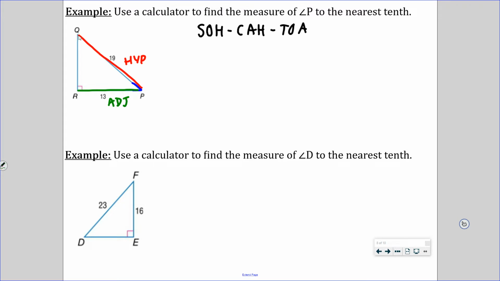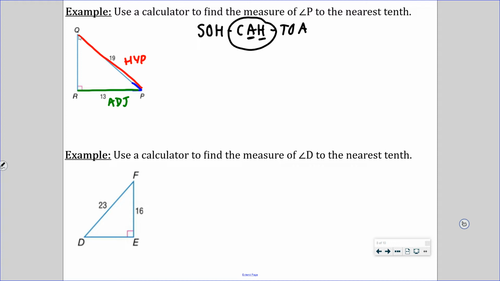Using the acronym SOHCAHTOA to help us remember, if I know adjacent and hypotenuse, A and H, which of these three am I going to use? You can shout it out. A and H: cosine. S stands for sine, C stands for cosine, T stands for tangent.